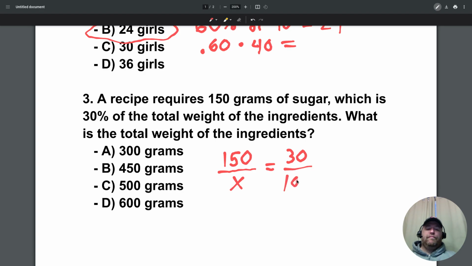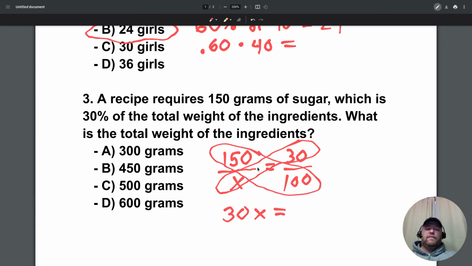Okay. So what we can do now is we can do some cross multiplication. We can say 30x equals 150 times 100. And a nice little trick for this is we do 15 times 1, so that's 15, and then we just add 1, 2, 3 zeros.